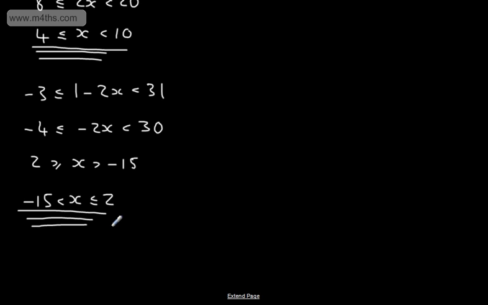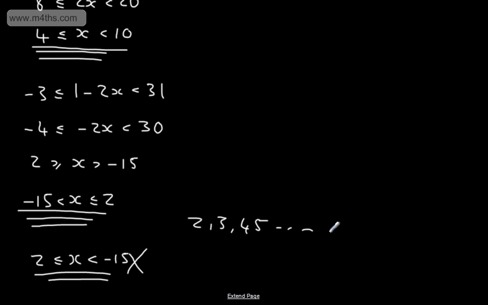And now you can probably see why, in this situation, we're going to have to switch your inequality sign around. If I didn't, it makes no sense. If we had written it now that 2 is going to be equal to or greater than x, which in turn is going to be less than negative 15, that just doesn't make sense. The number we're looking for is going to be 2 or more, so that would be 2, 3, 4, 5, and so on, right the way up to positive infinity.